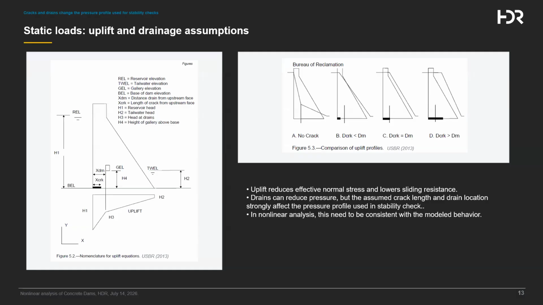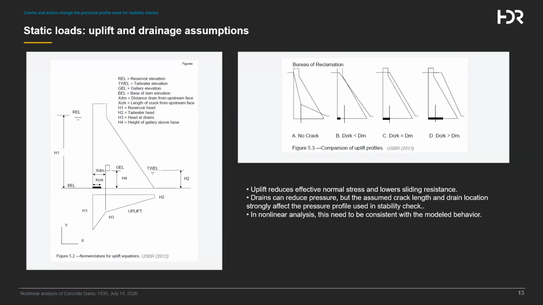One of the most important assumptions in nonlinear analysis of concrete dams that needs particular attention is uplift pressure. For gravity dams, uplift directly reduces the effective normal stress and it reduces the sliding resistance.